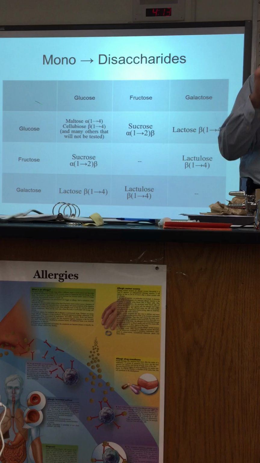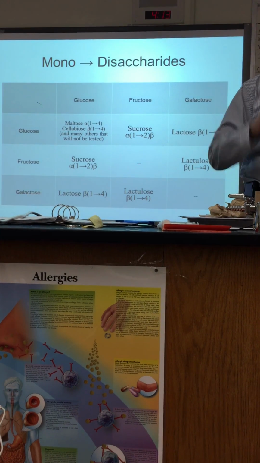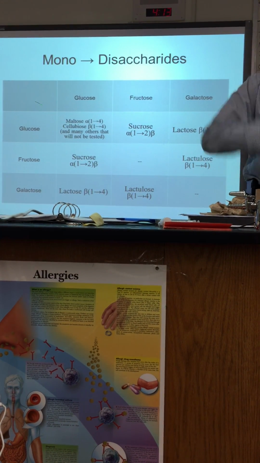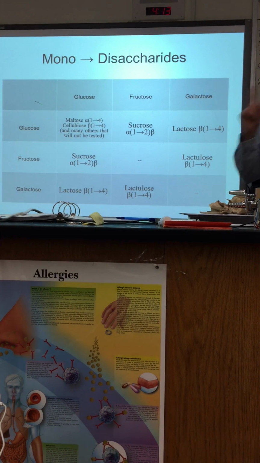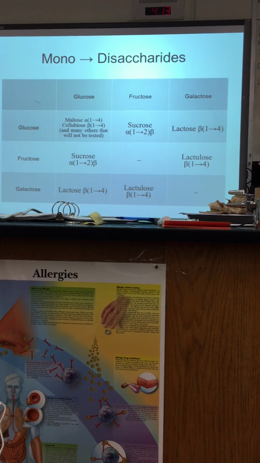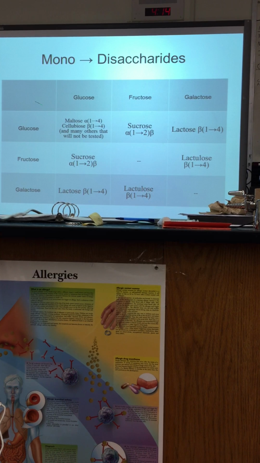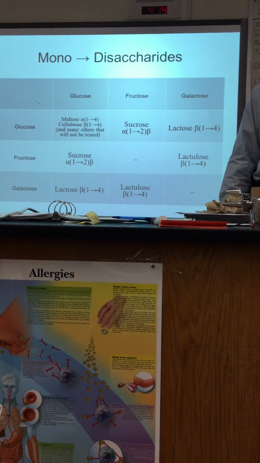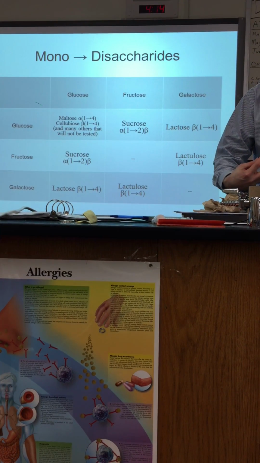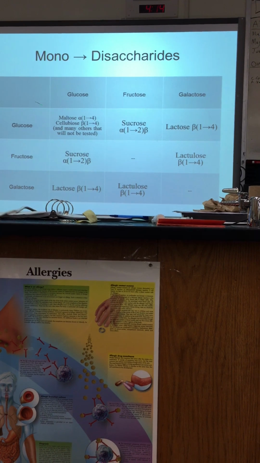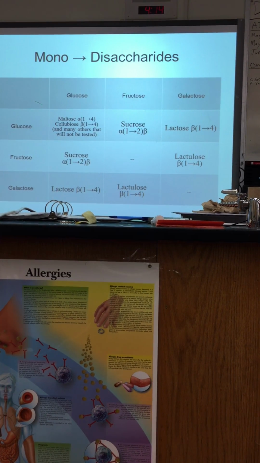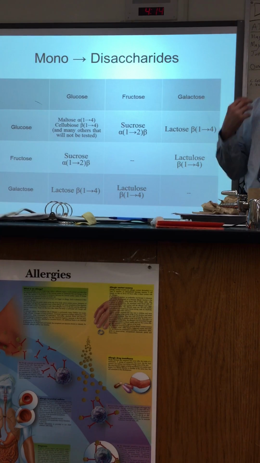And you need to know the bond configuration as well for the purposes of the Cambridge exam. They sometimes ask about the bond configuration, they ask about the numbers themselves, usually on paper 1 more so than paper 2. But they still ask about the bonds, and because they ask about the bonds, you must know them.